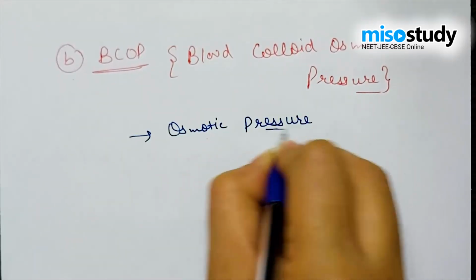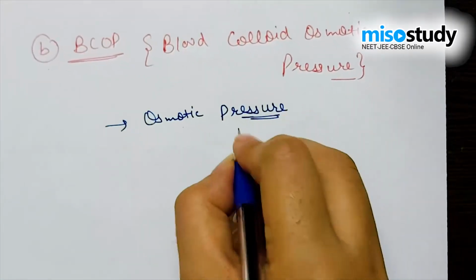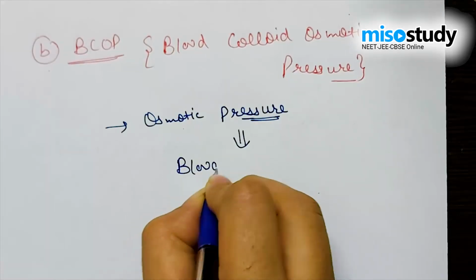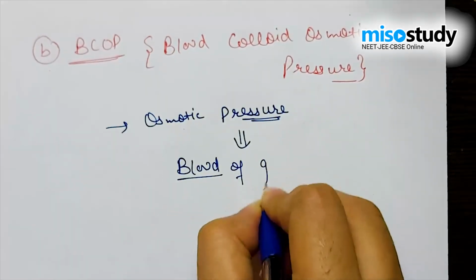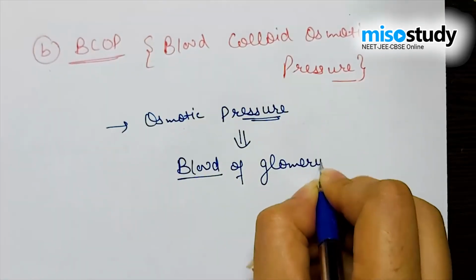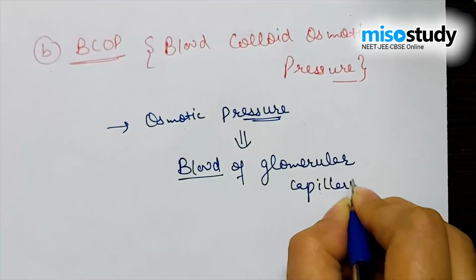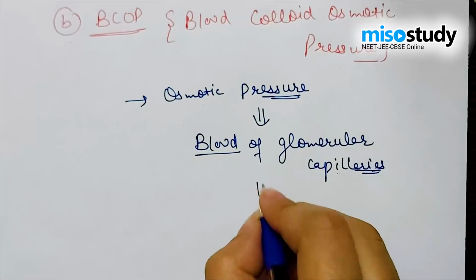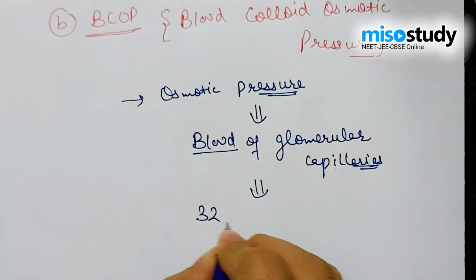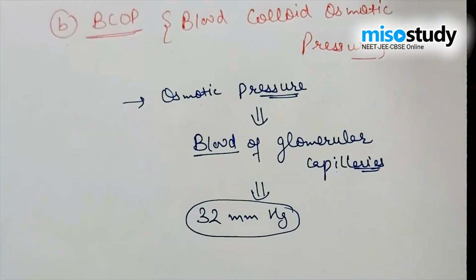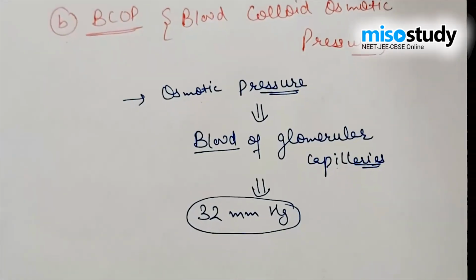It is defined as the osmotic pressure created in the blood of the glomerular capillaries, and its value is 32 mmHg.